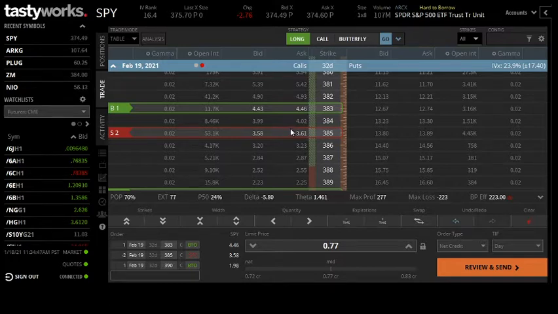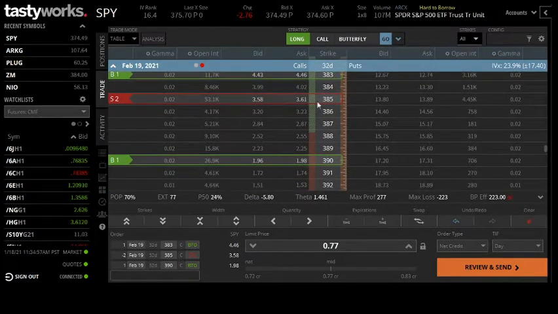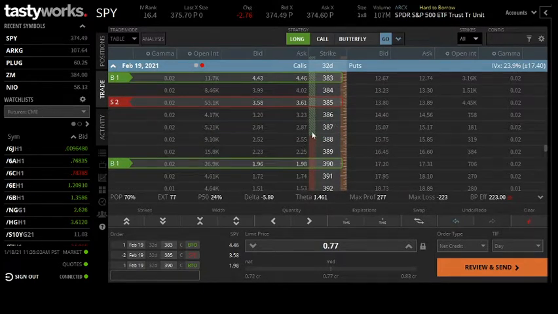With a broken wing butterfly, you sell two of the 385s, you buy one or two out, and then you buy another one 5 out, collecting a net 77 cents, and you make money as long as this stays above 388 by expiration.